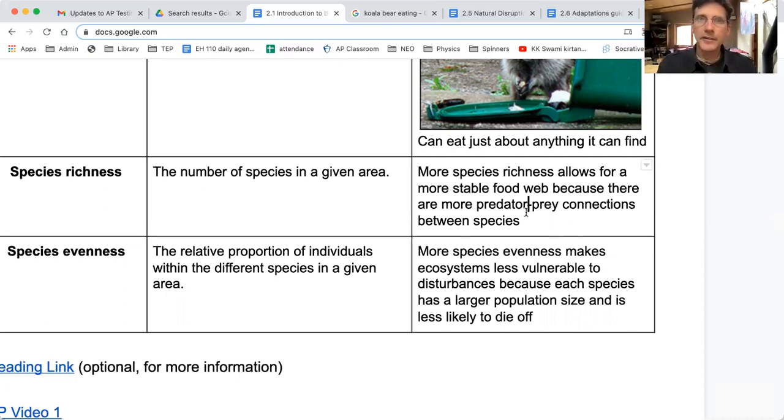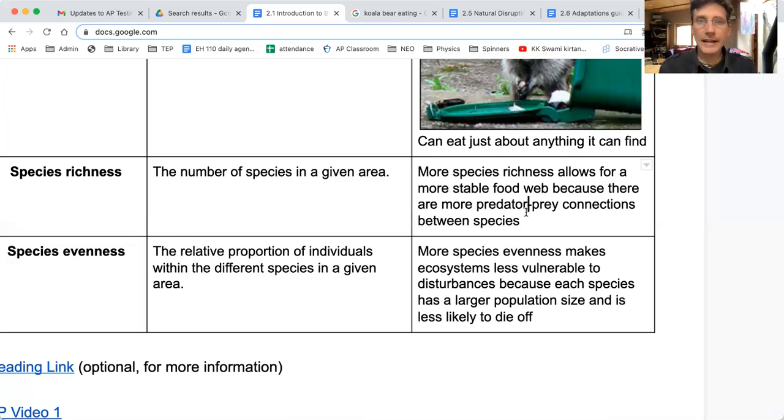And that's going to make that ecosystem more resilient in the sense that you might lose one of those species or more, but because there's such a large number of possible predators out there, or possible prey, it makes it easier for predators to switch to different food sources, assuming that they are generalist. So we tend to see ecosystems that have high levels of species richness being more stable.